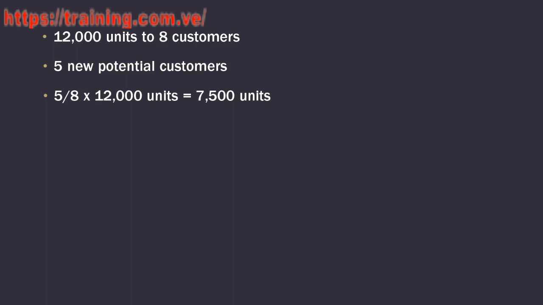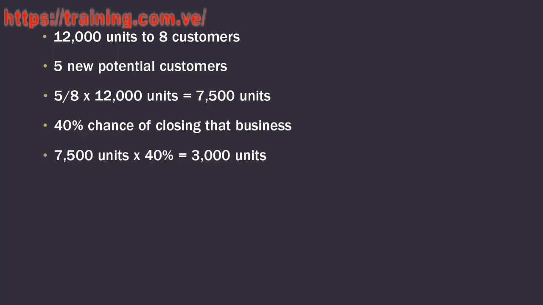Then what you need to do is apply a probability that you can make that happen inside of 12 months. So you may believe that you can absolutely crush it, and there's no doubt whatsoever that you can make all those sales, but just to be conservative, put a probability on it. So say 40%. Therefore, you'll likely sell 3,000 of those units. 3,000 out of 7,500 is 40%.